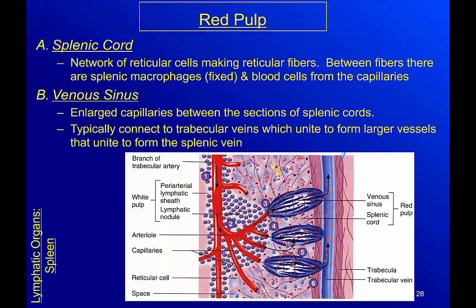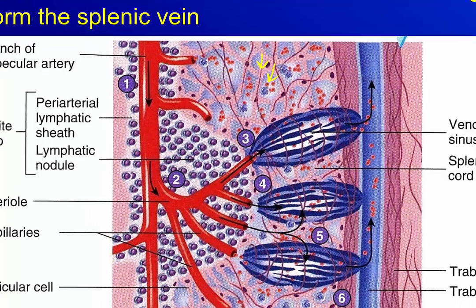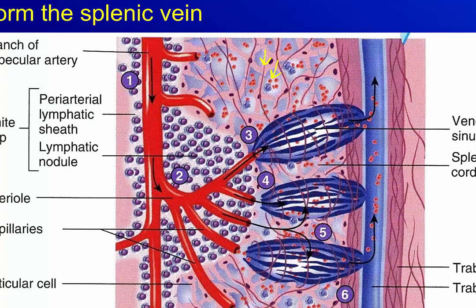Okay? The splenic cords are a network of reticular cells that are making fibers. I want you to notice that some of these capillaries aren't connected to anything. So they're basically just leaking into this space. As the blood goes through, it has to kind of work its way through all of these fibers to eventually either get back to one of these or to get to this blood vessel.